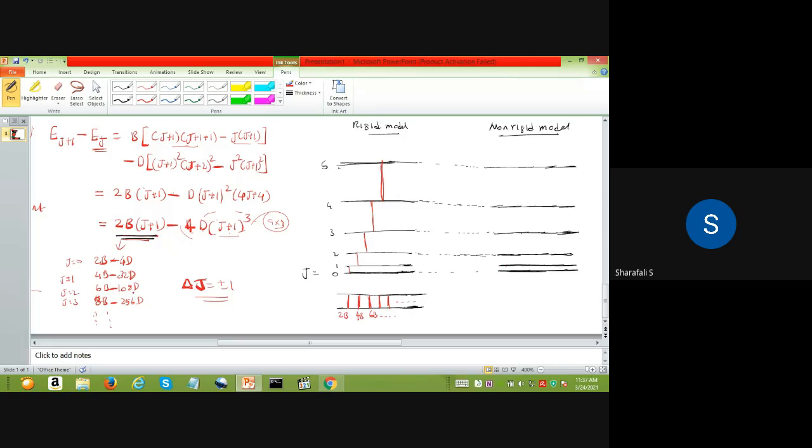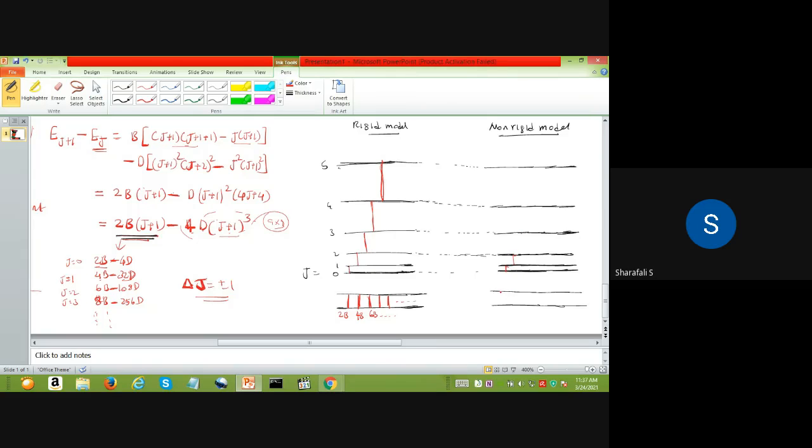And so on. So from that 2b, 4b, 6b, we have some difference. If you draw that accurately, then what will be the result in this case? Now if you draw that spectral lines, then we will be having transitions. First the transitions are the same, and we will be having different transitions in this case also, from 0 to 1, then the other transitions also.